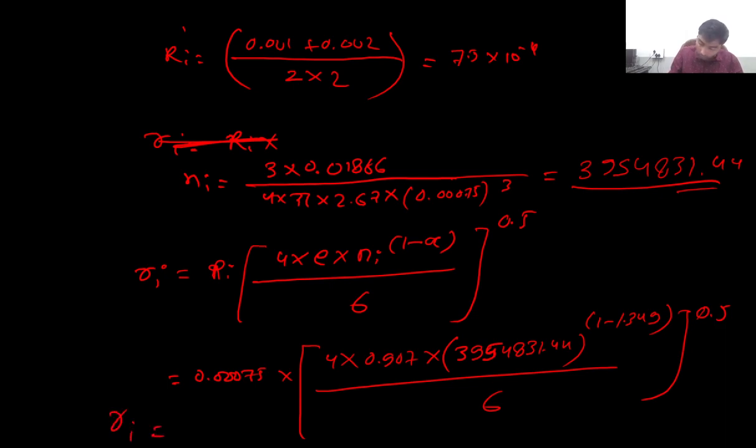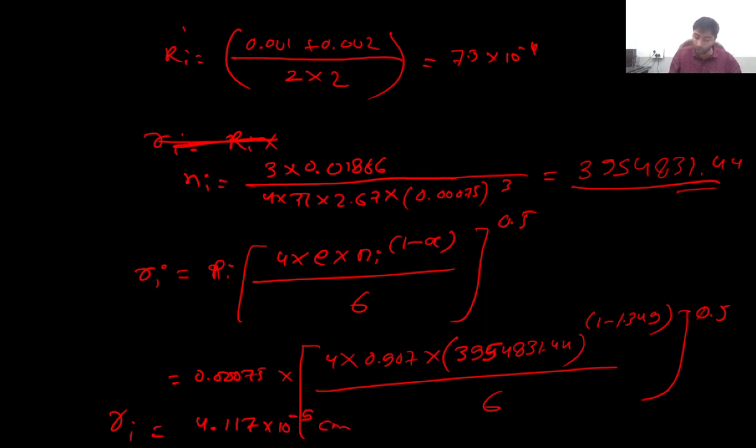After solving this, multiplying by 0.00075, it will give you the value of ri as 4.117 into 10 to the power minus 5.